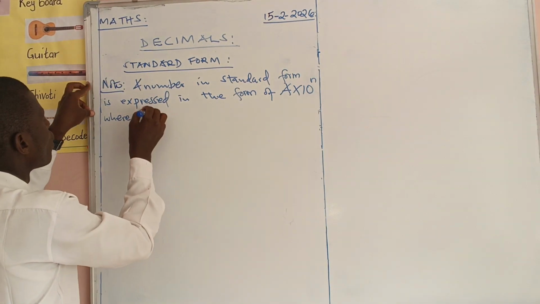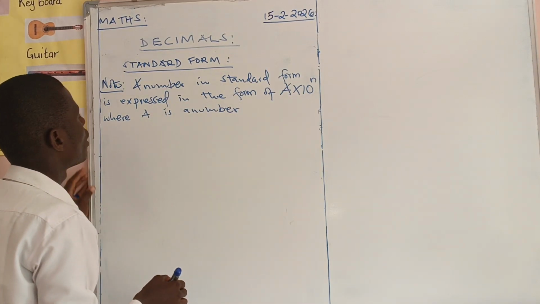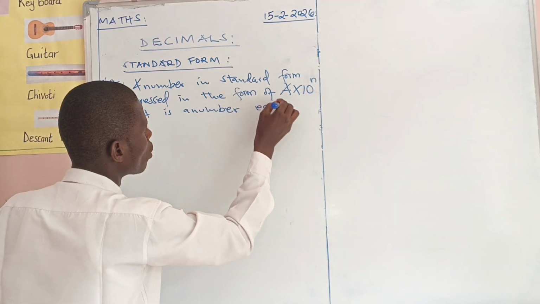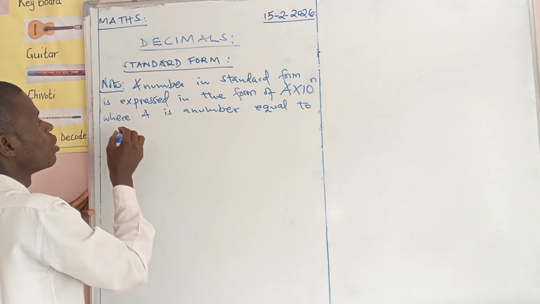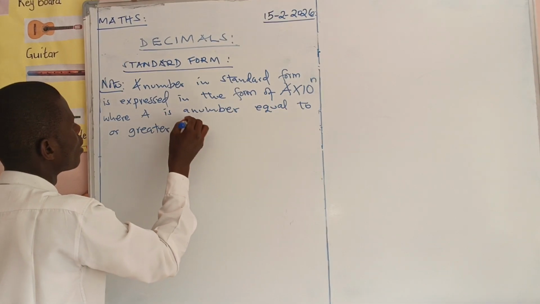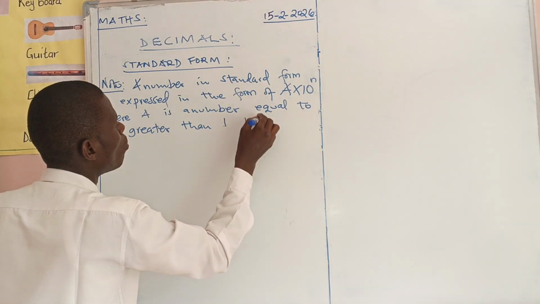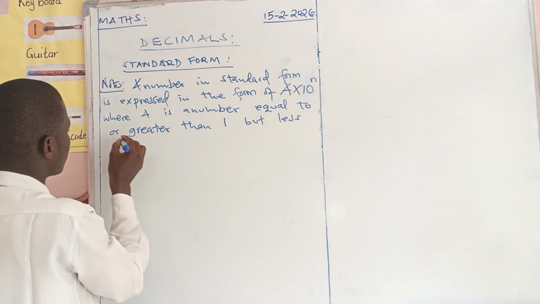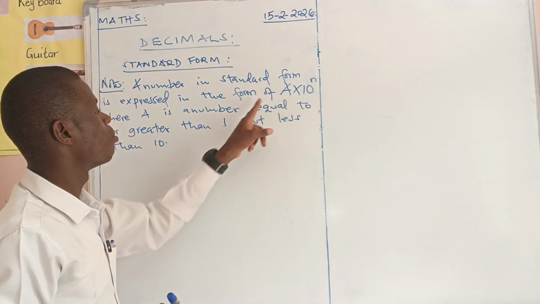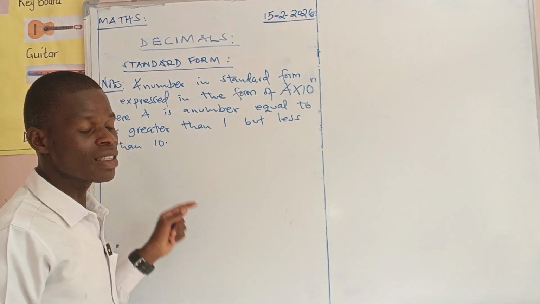So where a is a number equal to or greater than 1, but less than 10. That number, which is your a, must be equal to or greater than 1, and the same number must be less than 10.